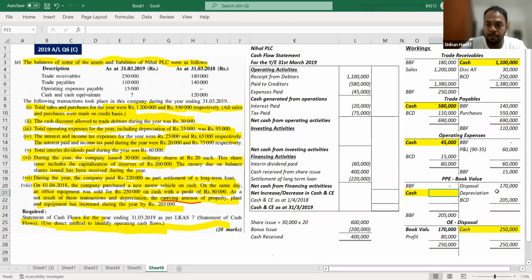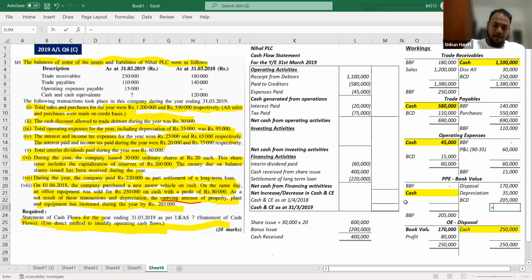Then the second method, we use an accumulated depreciation account or the provision for depreciation account. Okay, now depreciation, cash. You need two items. Depreciation is 35,000. We know that it's given.